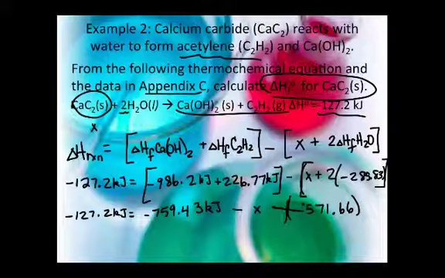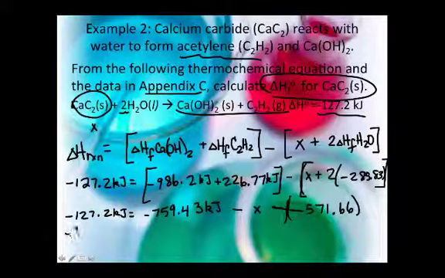All right, so let's make that addition, and we will combine that with the products. So, pushing the wrong buttons on my calculator. So negative 759.43 plus 571.66.